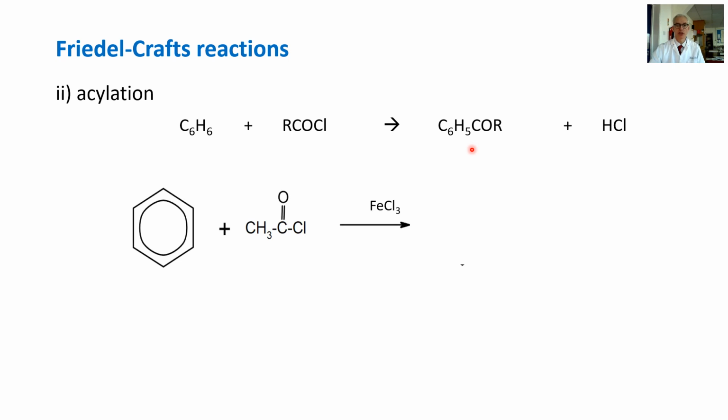So if we look at the structure of a simple acyl chloride such as ethanoyl chloride, we have a catalyst of iron 3 chloride, a halogen carrier, just as with halogenation.